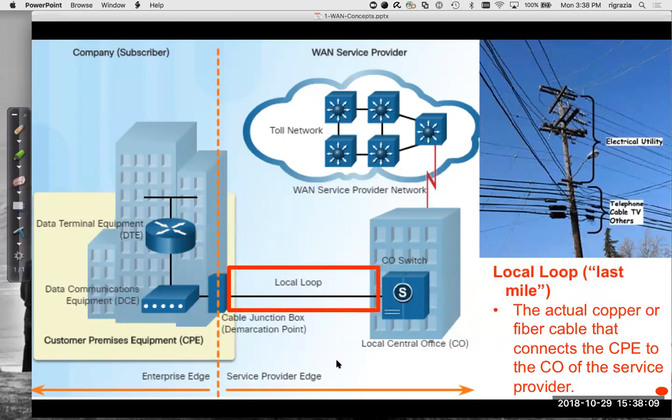The local loop is also known as the last mile because it used to be about a mile to the central office back in the days when everything connected through your telecom provider. And it's the actual copper or fiber optic cable, can even be wireless nowadays, that connects you to the local central office of your provider.